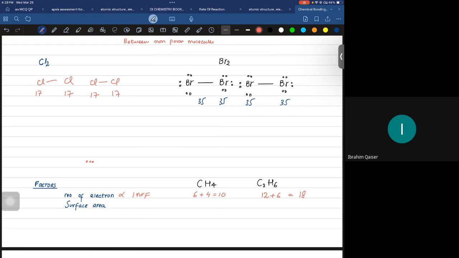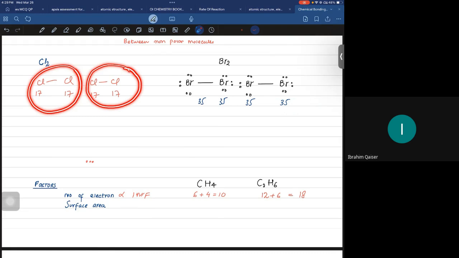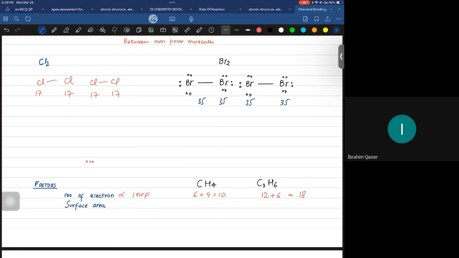When the two chlorine molecules come close to each other, as they have fewer electrons, it's just like a tiny magnet. When the size of the magnet is smaller, they are not going to repel in a stronger manner. But when the size of the magnet is bigger, they would be repelling each other with greater strength. Are they going to have the induced dipole?